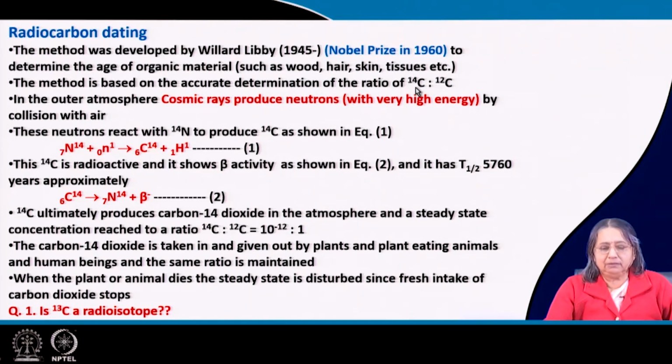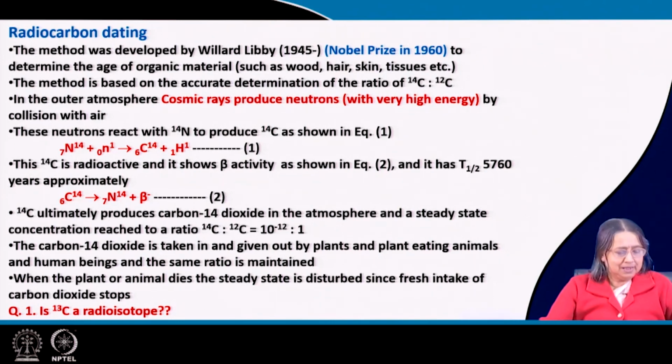I already told you that carbon has 3 isotopes. Carbon 12 is the natural one, most common, most abundant. Then carbon 14, where 14 is the atomic mass number and of course the atomic number is 6, and there is another, 13C.